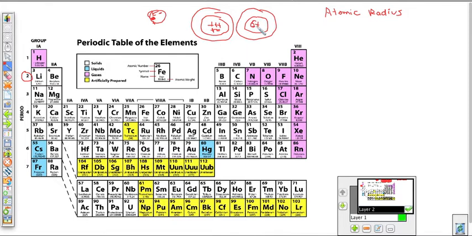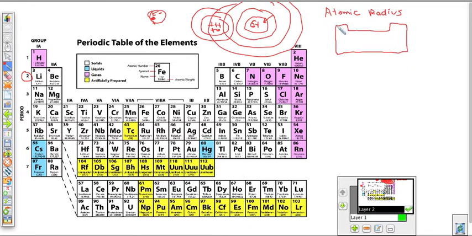And so remember, our rule said that the more the positive charges, the closer it's going to pull. So as we go from left to right, the atomic radius will get smaller. And as we go down, each one of these adds a whole other energy level to the atom, right? So they just get further and further away. So the trend with atomic radius, if we were to draw a little periodic table sample right here, goes like this.